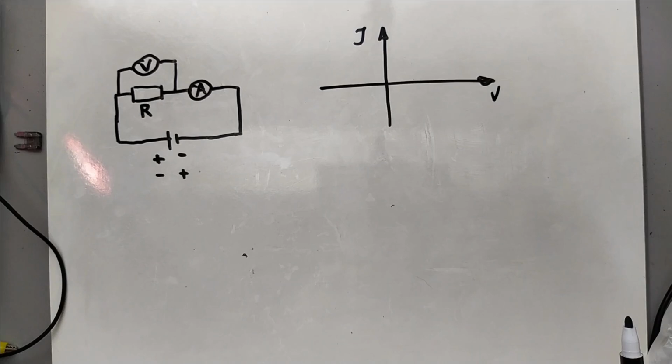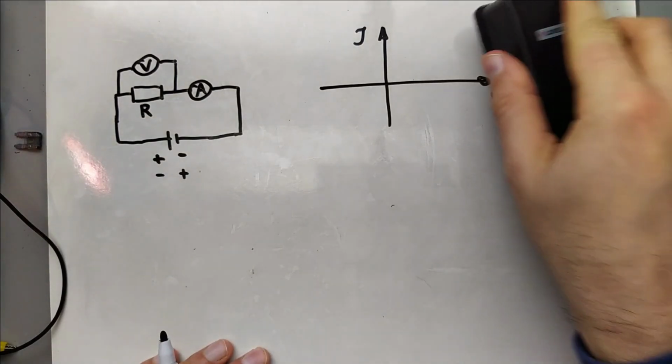We will have different curves which describe this current voltage dependence, and that's our goal for today, to be able to do this measurement and demonstrate how different current voltage characteristics can be for different devices.